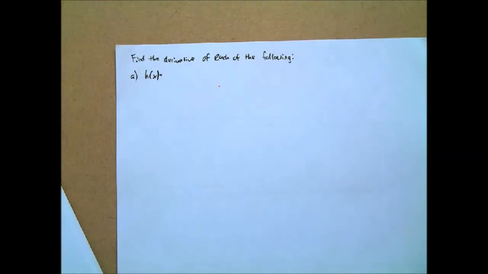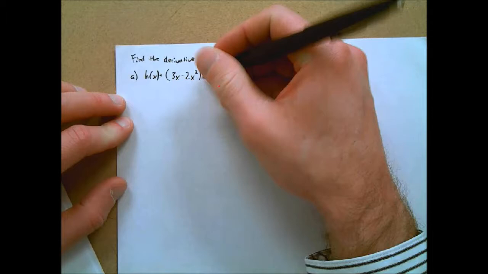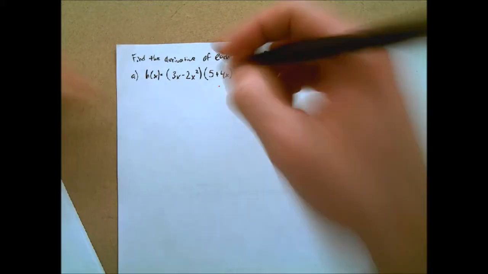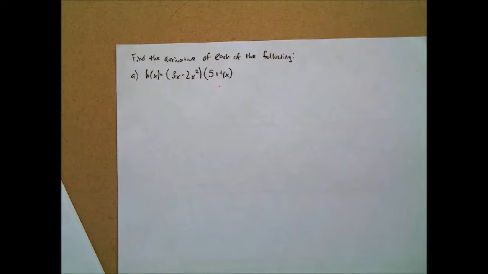Part A, h of x equals 3x minus 2x squared times 5 plus 4x. So in this case, if we're going to take the derivative as it's currently written, do we need to use the product rule? With the way that's written, do we have to use a product rule here?